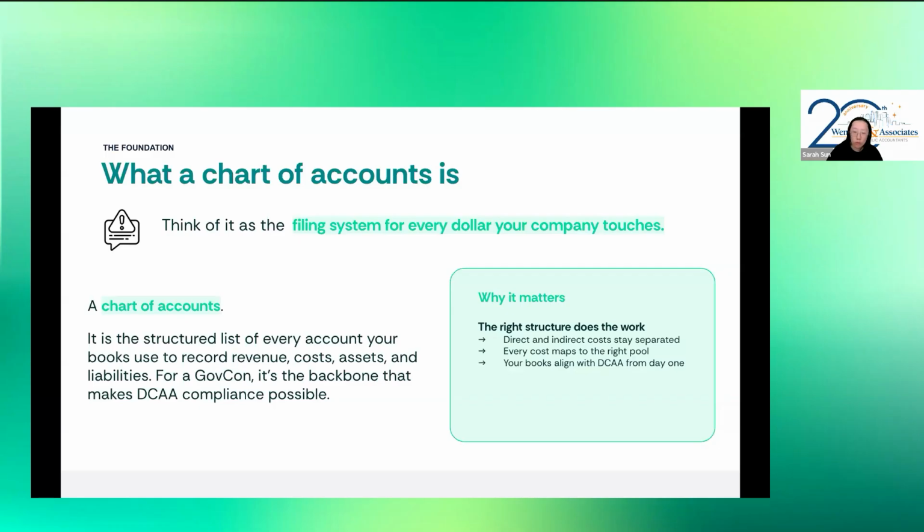So the government wants to know not only how much you spend, but also what you spend it on, which contract benefited from the cost, and whether that cost is allowable under the contract. That is why you will often see many more accounts in a government contractor's chart of accounts than you would normally see in a typical commercial business.